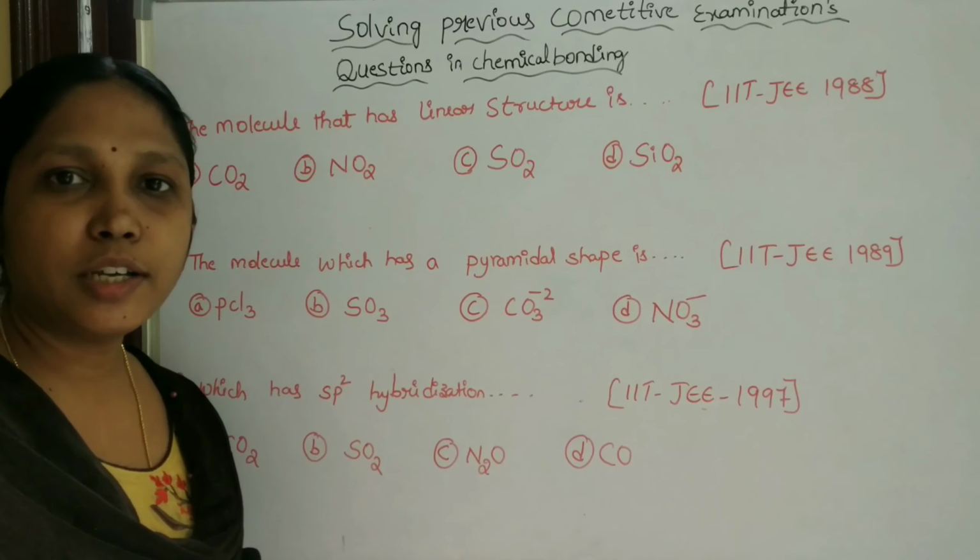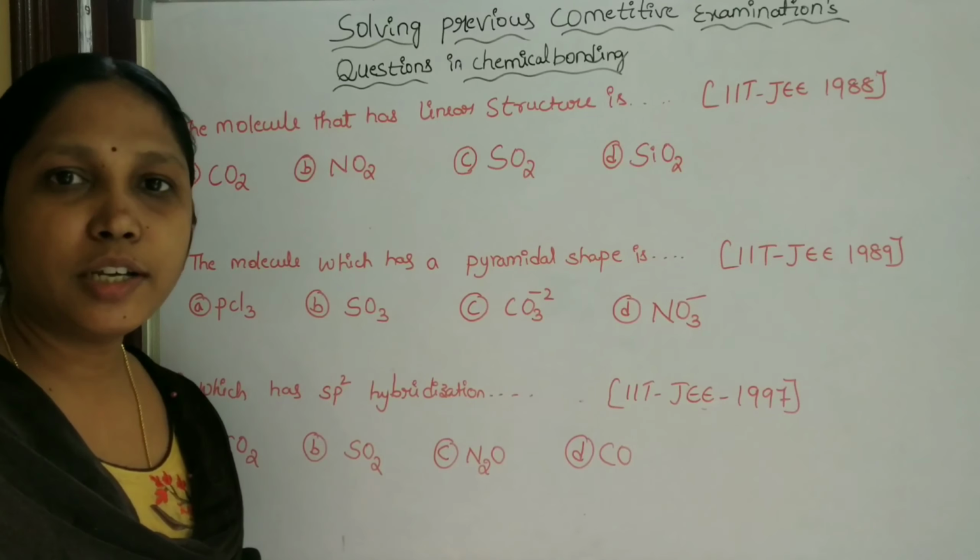The molecule which has a pyramidal shape: pyramidal shape means the molecule has 4 total pairs of electrons. Of the 4, 3 are bonded pairs and 1 is a lone pair.